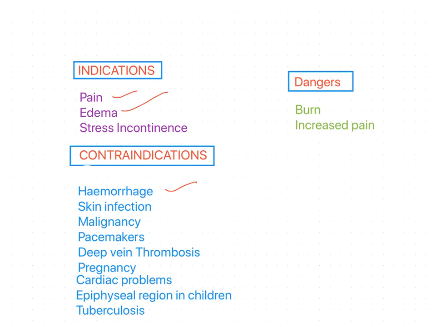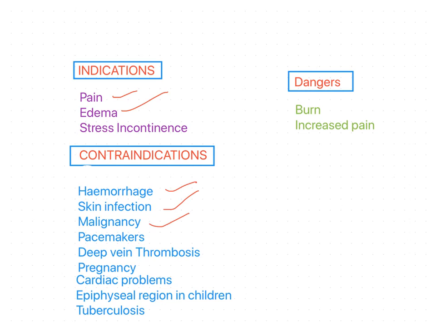Skin infections, like any other current stimulations, IFT may cause concentration of currents in the infected lesions as well as may lead to spread of infections. Hence, it should be avoided. Malignancy, so as there is a possibility of accelerating metastasis, it should not be applied in such conditions.